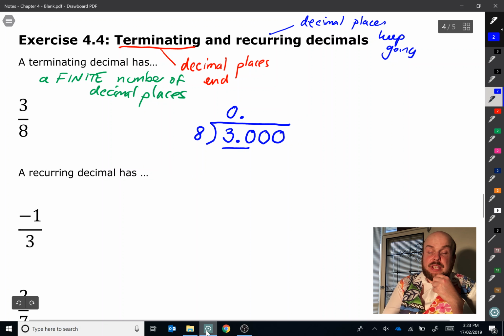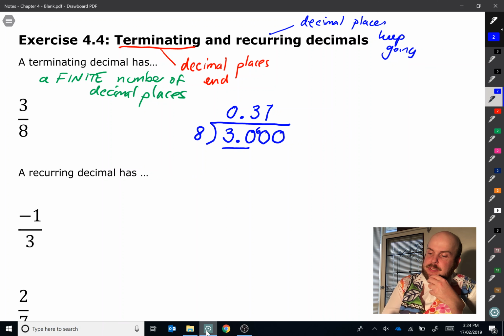Then I'm going to see if 8 can go into 30. It goes in 3 times, and then we've got 6 remaining. So 8 goes into 60 how many times? It would be 7 times, because 7 times 8 is 56, and that leaves 4 left over.